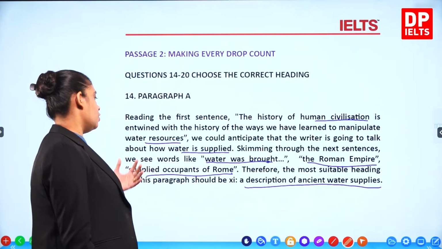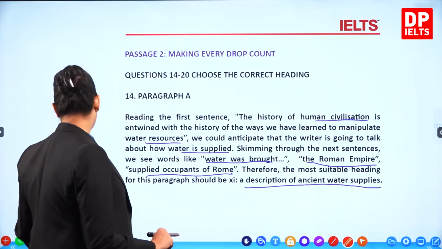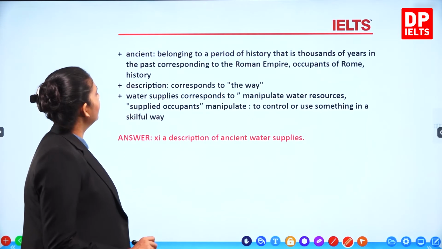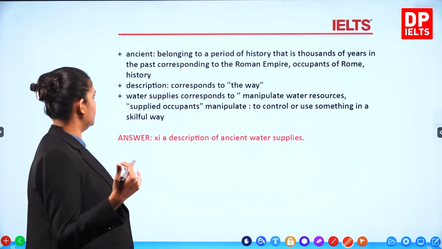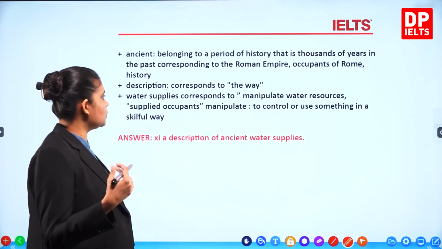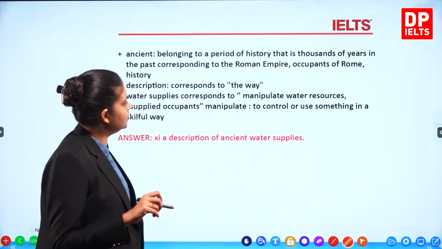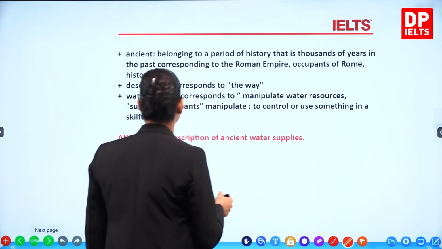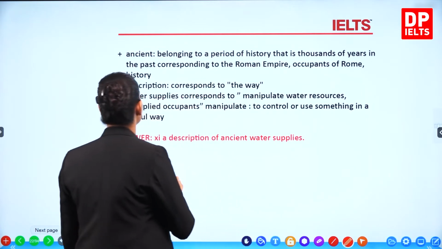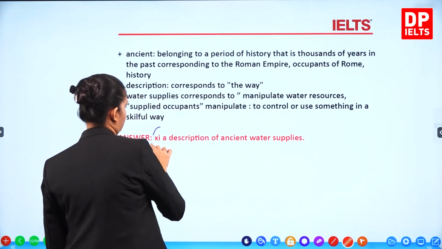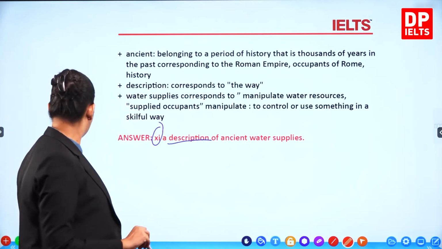Ancient means belonging to a long period which is behind, maybe hundreds of thousands of years ago. Description means correspondence to the way. Water supplies correspond to manipulating water resources. Supplied occupants means to control the use of something in a skillful way. So the answer would be 6, a description of ancient water supplies, right?